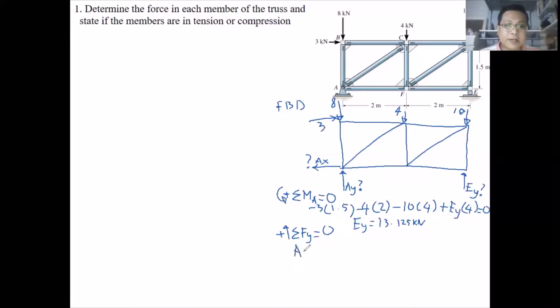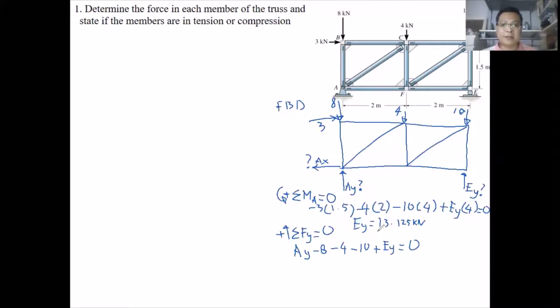First, we write AY as positive because of the upward direction, and then negative 8 here, negative 4 here, negative 10 here, and the last is positive EY. Only that equal to 0.